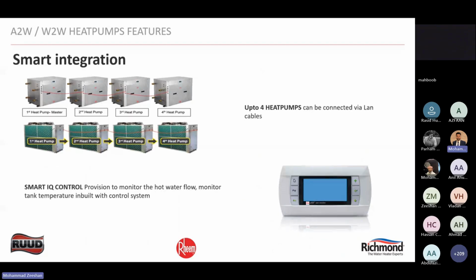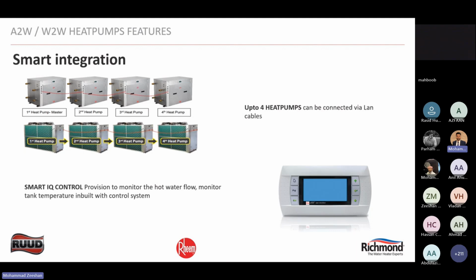All the heat pumps that Ream Manufacturing supplies come with the Ream IQ controls that you can combine with different heat pumps. Up to four heat pumps you can combine and connect in a series. One controller will communicate with the rest of the heat pumps.